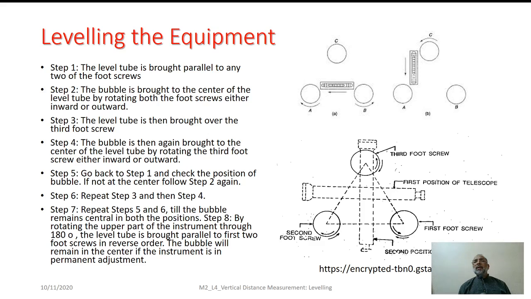Then turn the telescope end to end and see whether the bubble is remaining at the center as it is rotated about its vertical axis in the horizontal plane. For all the positions, if the bubble is remaining at the center, the equipment can be said to be leveled, and it can also be concluded that the given equipment is in permanent adjustment as far as the leveling part is concerned.